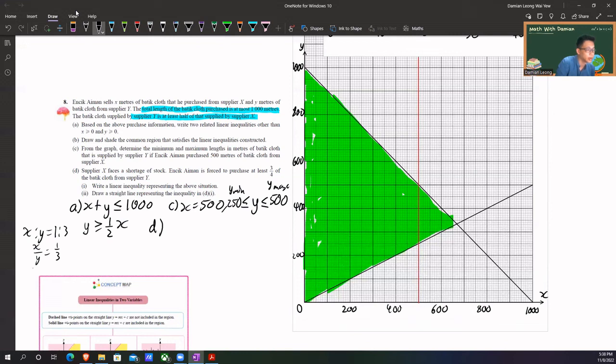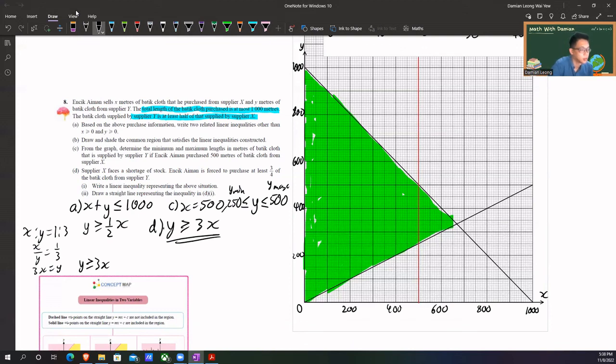Bring up 3, bring up Y, 3x equals Y. So it must be at least, which means Y is at least 3 times X. Y more than or equal to 3x.